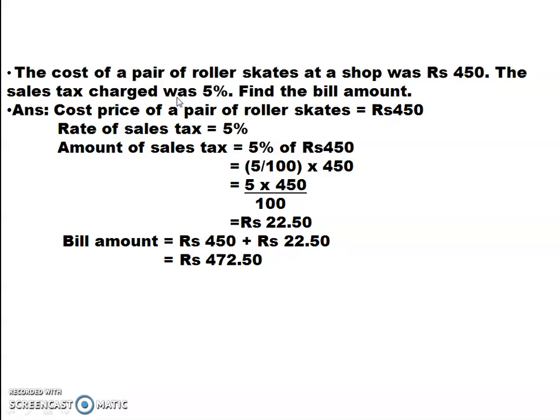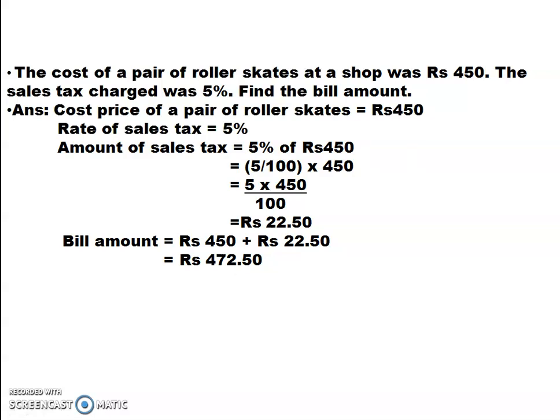Now the sales tax was charged as 5%. Now let's see the statement. Cost price of a pair of roller skates is equal to rupees 450. Rate of sales tax, that is percentage, is equal to 5%. That means 5% of rupees 450 will be added.